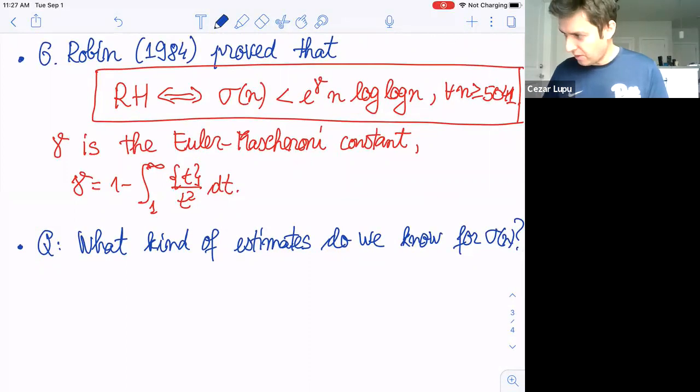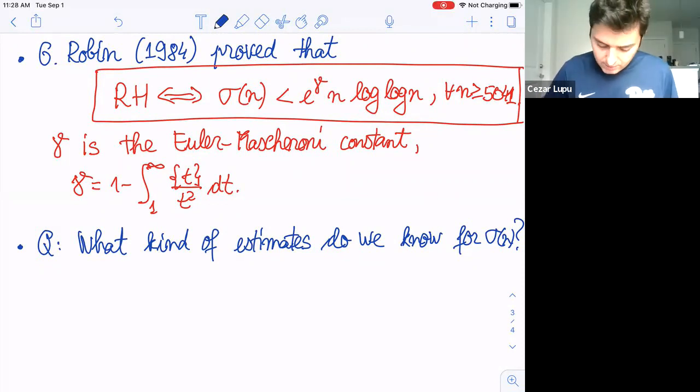The first result, if I remember, was concerning the average size of sigma of n, and I think it is due to Bachmann.